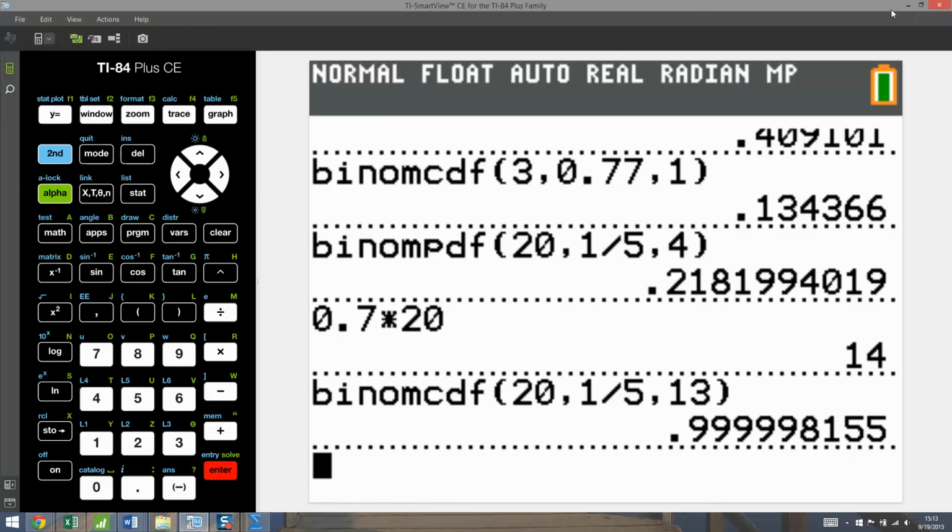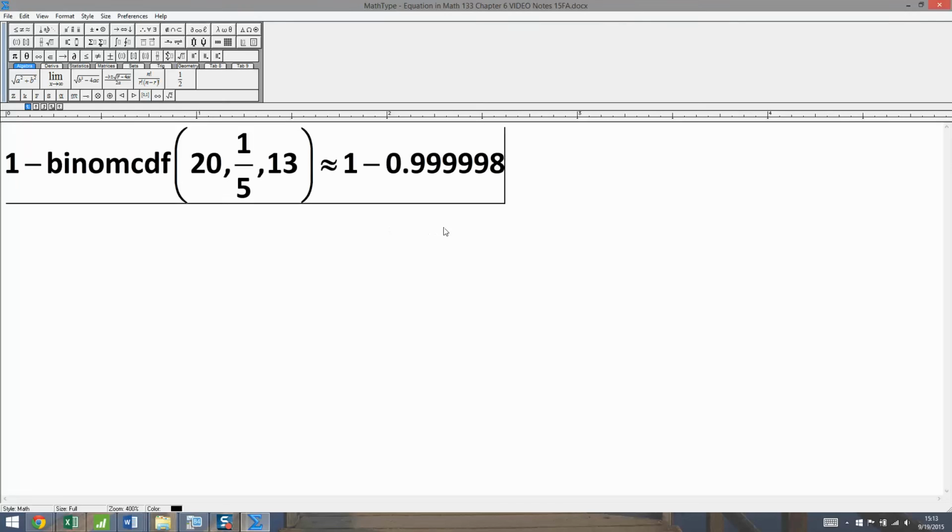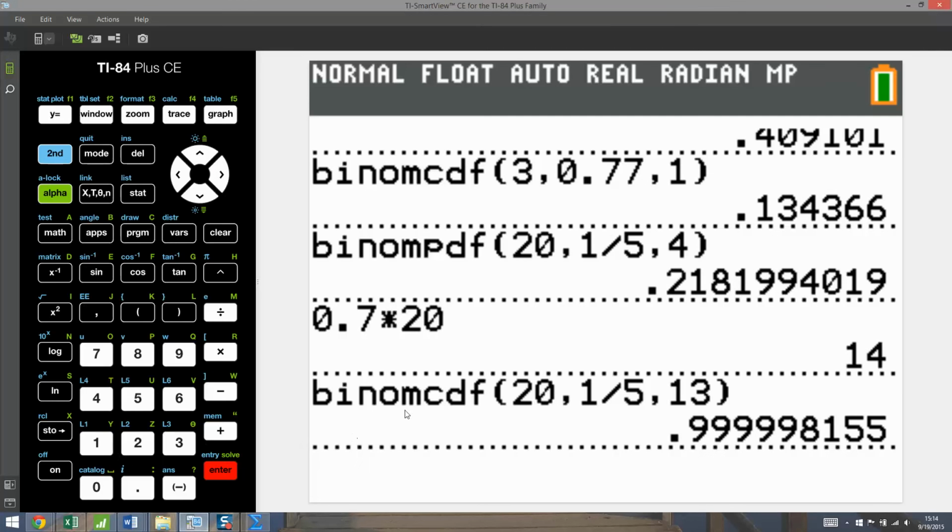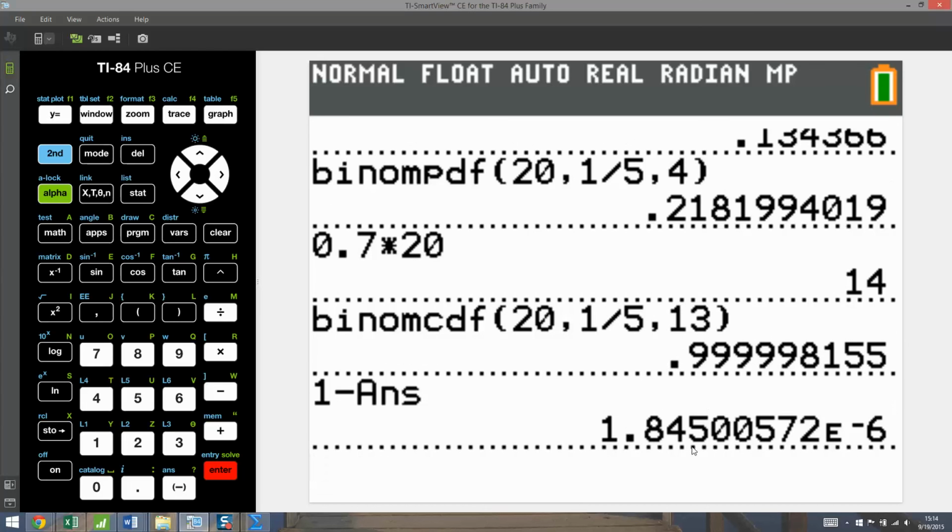All right, so let me type that in. And because there's so many 9s in there, I'm going to keep all of them until I get to the next number. So 5 9s and then an 8. And then I'm going to make the calculator do that subtraction. So 1 minus that answer. And then that's scientific notation. And the decimal is 6 spots over to the left.